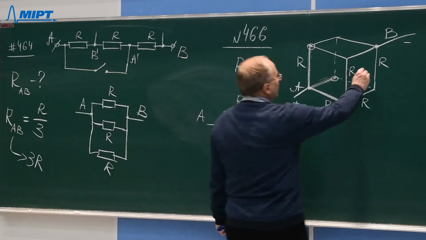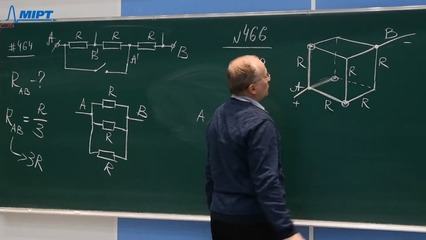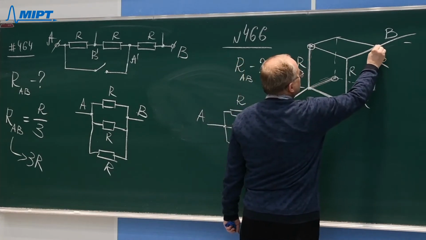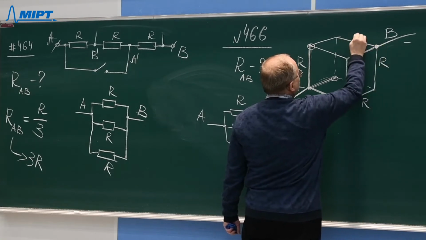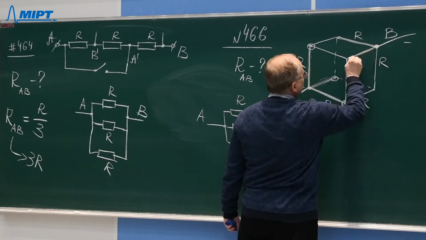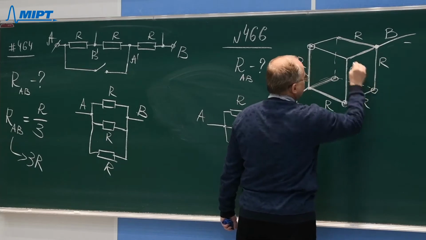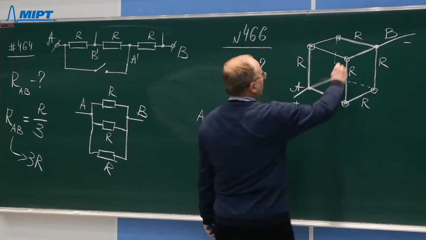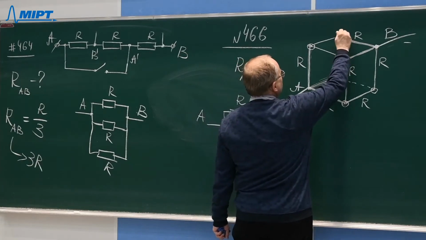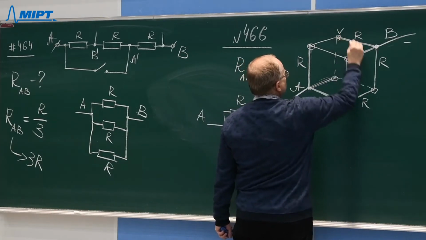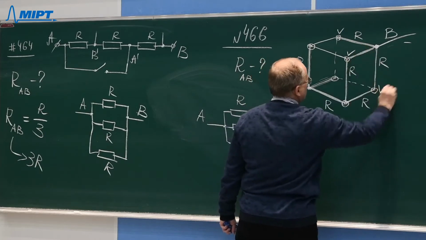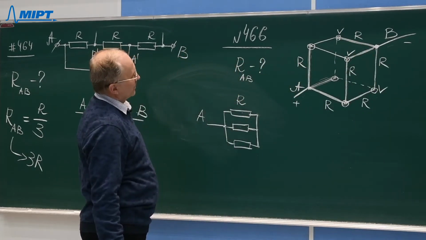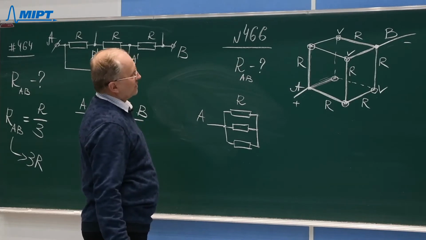In the same way, we can treat the cube edges originating from point B, that is this resistor and this one, because all these 3 points will have the same electrical potential. I will denote them by some sign. All these points will have equal or the same electrical potential.